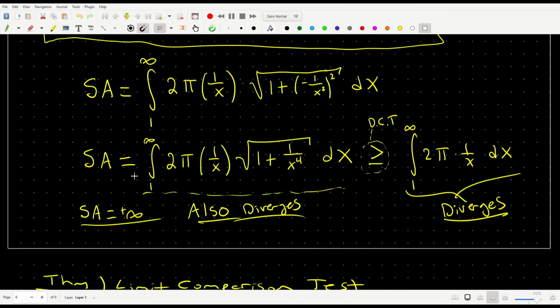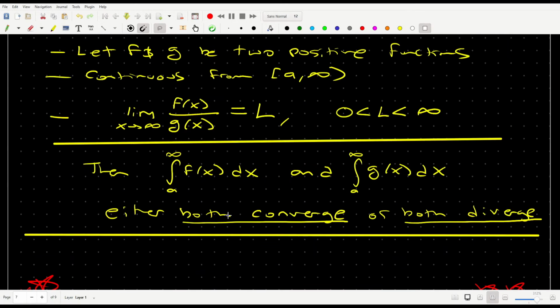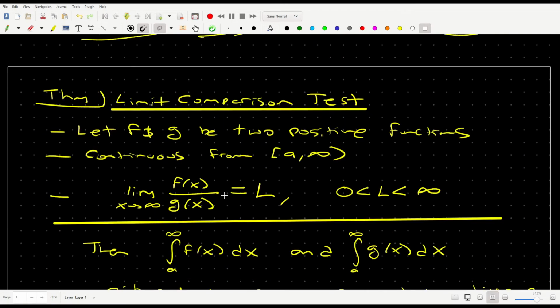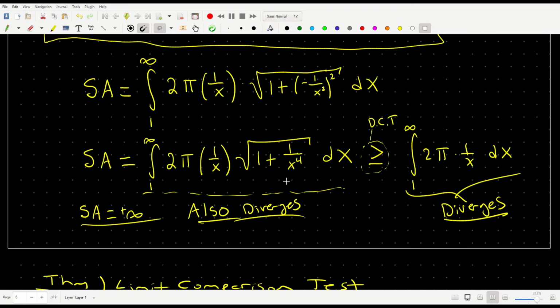We proved that it has an infinite surface area by actually using the direct comparison theorem. We showed that this improper integral right here diverges. But we could also have chosen to use the limit comparison theorem to show that this diverges as well. We would have to go through and figure out what exactly we want to use as our suitable comparison function.